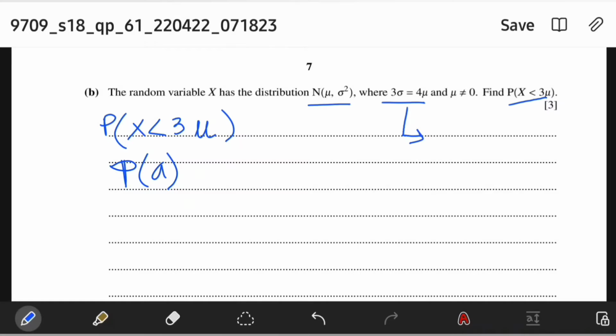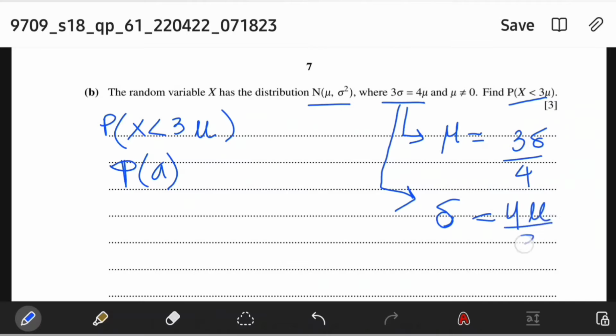Let's make any of the subject. Let's make mean the subject. So it would become mean is equals to 3 standard deviation over 4. This is one way, but if we make standard deviation the subject, then it would be a smaller method, which is going to be 4 mean over 3.